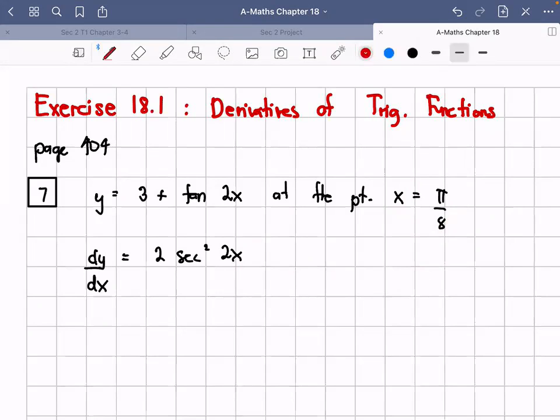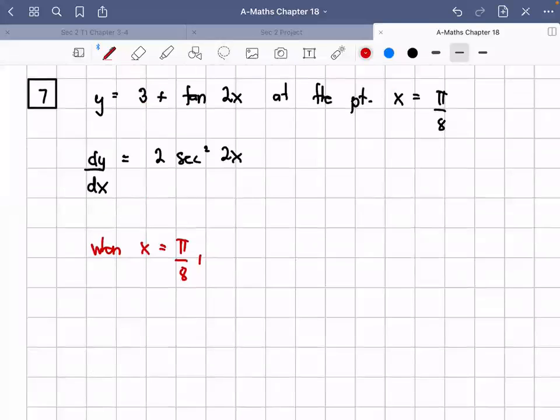So when x is equal to pi over 8, gradient is equal to 2 secant squared of 2x, so 2 times pi over 8. So what's your answer there?